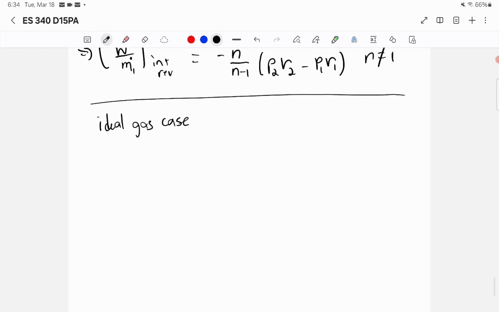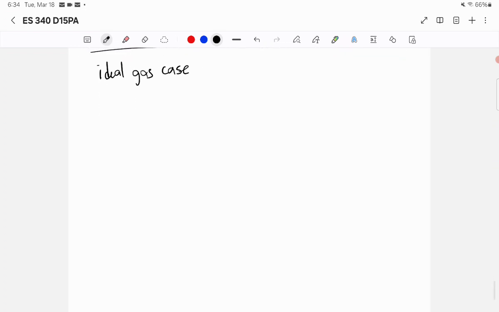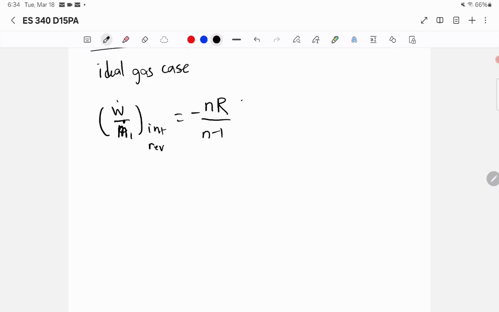A lot of stuff is being assumed here, but it'll be useful in those cases. So you'll have to remember how to identify when it is an ideal gas and whatnot. Then that's going to be equal to minus nR over n minus 1 times T2 minus T1 for n not equal to 1.